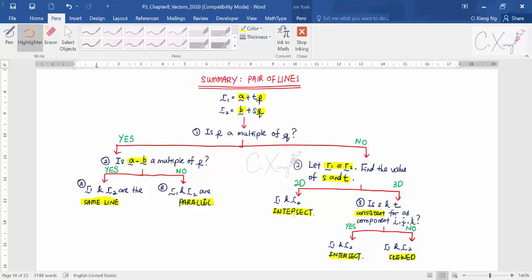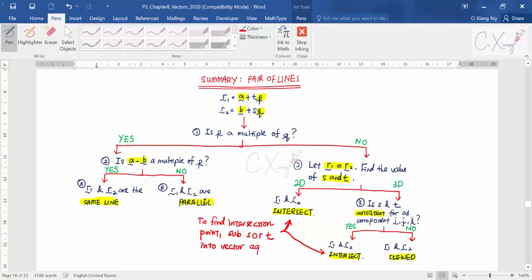For your information, when you already know that R1 and R2 intersect with each other, to find the intersection point, you just substitute the value S or T that you get just now into the vector equation. Then the answer that you get is the intersection point. Either one, just substitute the value for S or T.